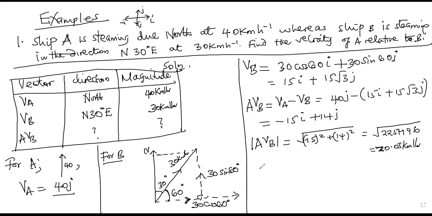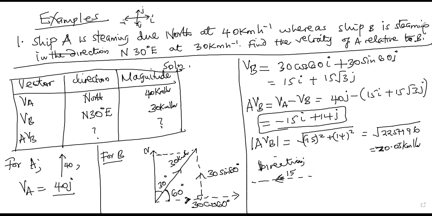To get the direction, you need to first sketch using this velocity, negative 15I. If it is negative 15I, then it means that you're moving this side. Negative 15I is this side, but because we have already shown that it is in the negative side, just say 15. Then 14J.